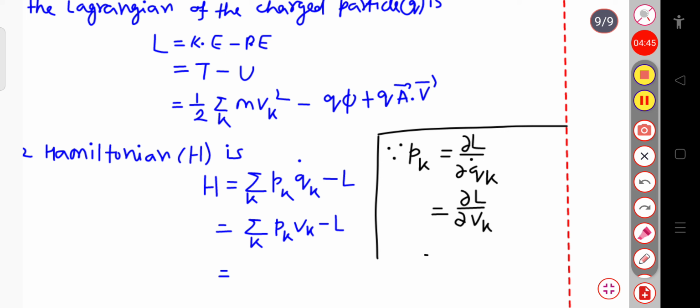So half m Vk square gives 2 into 1 by 2, that is 1, so m Vk.